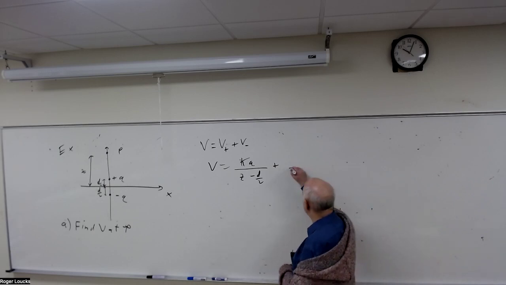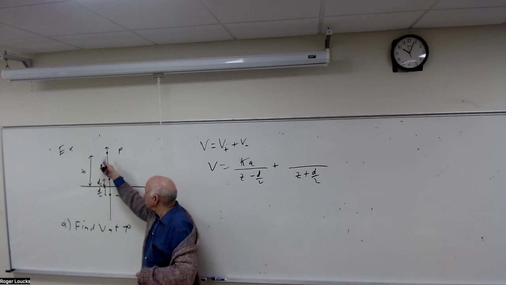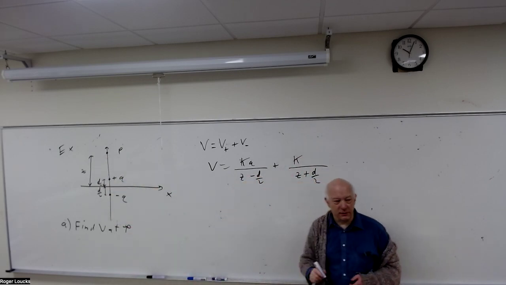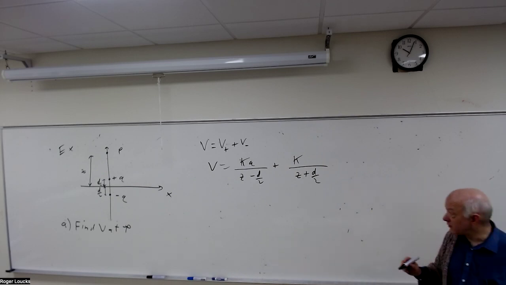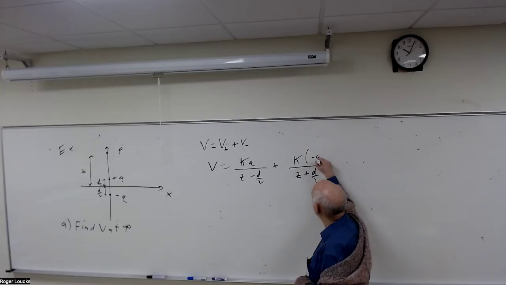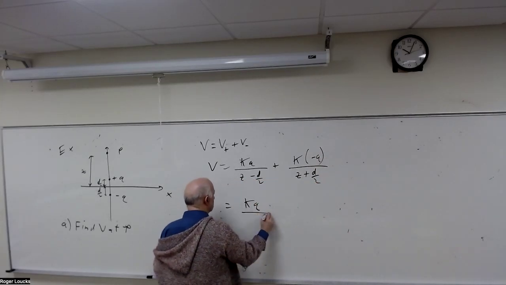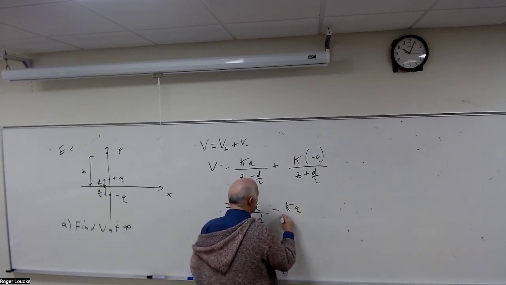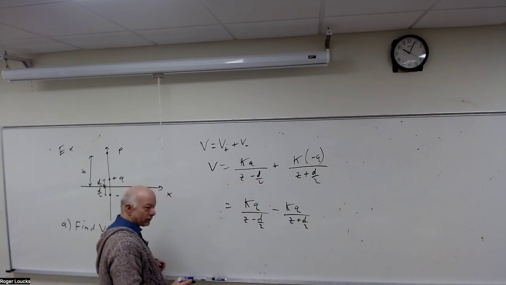Yeah, so I'm going to have a z plus d over 2, because here's my r minus. I think there's one more thing. The charge is negative, so we have to have a minus q there. So what we're left with is kq over z minus d over 2, minus kq over z plus d over 2. Can't wait to find out what V is.